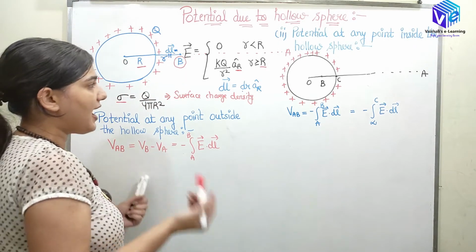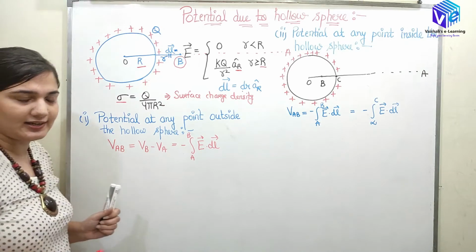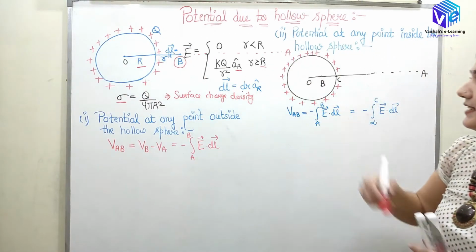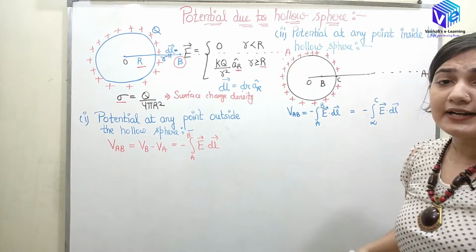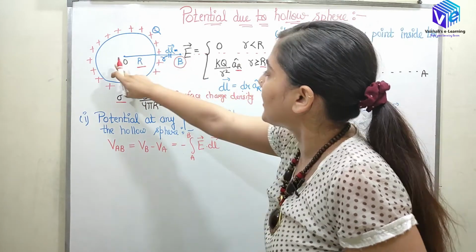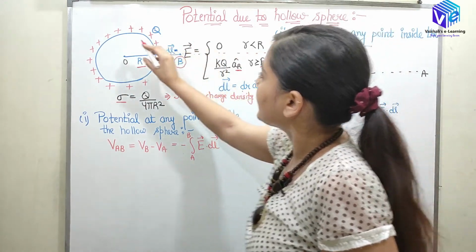Now if I have to find the potential, it can be found from two points. Let's take any point A which is at infinite distance. So the distance between the center and A is infinite.